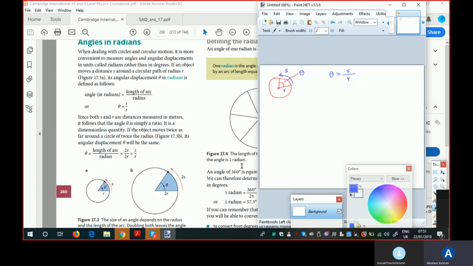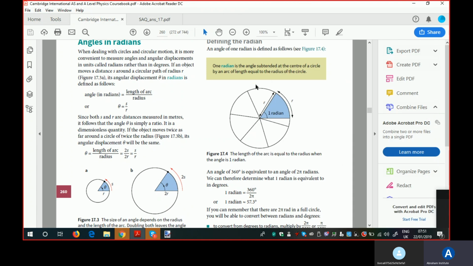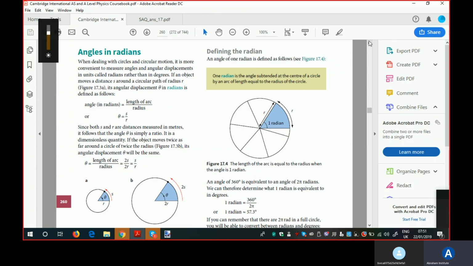Okay, so you should know this, and also you should know how to convert from degrees to radians and radians to degrees. Now can you see they have defined what the radian is. Okay, 1 radian is the angle subtended at the center of a circle by an arc length equal to the radius of the circle.